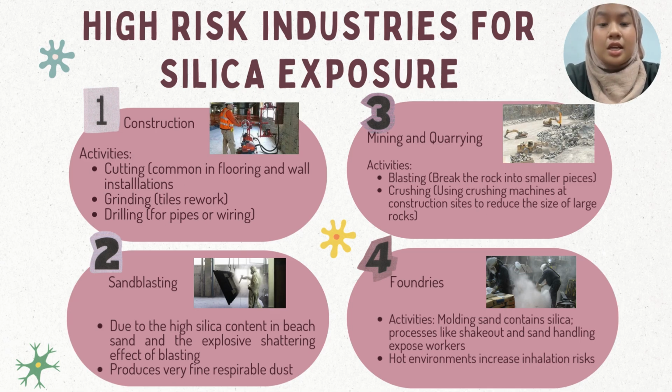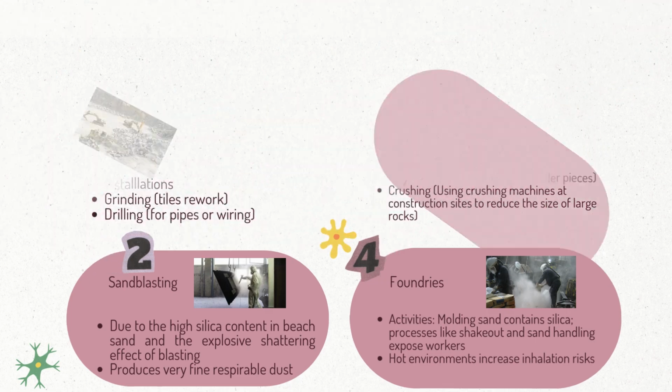Next is mining and quarrying. Operations such as blasting and crushing rocks release large amounts of respirable silica dust, especially in open pit or underground sites. Lastly, we have foundries, where molding sand often contains silica. During processes like shakeout and sand handling, dust is released, made worse by the hot environment.